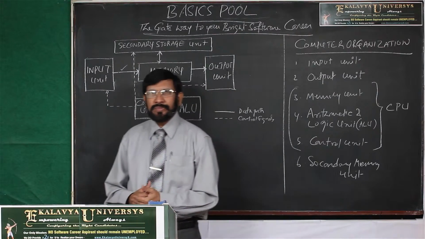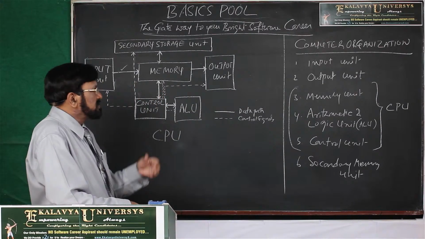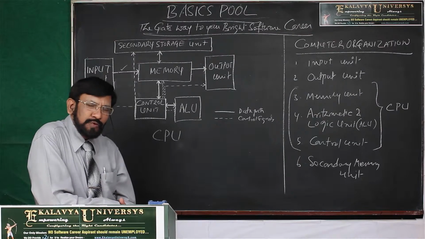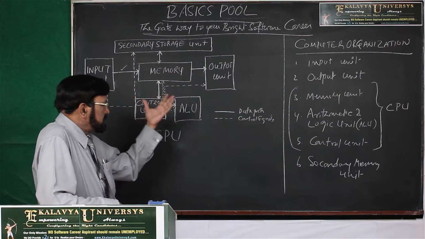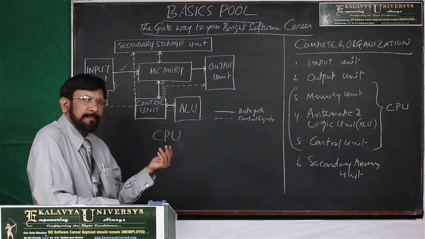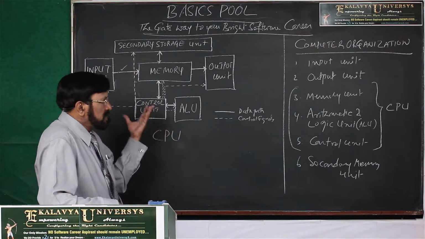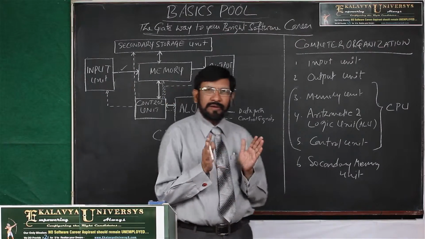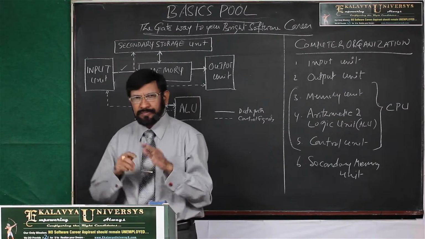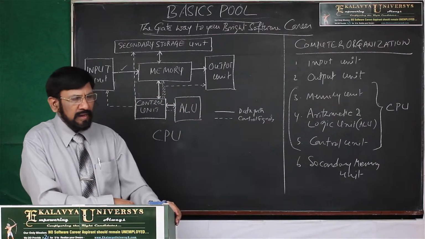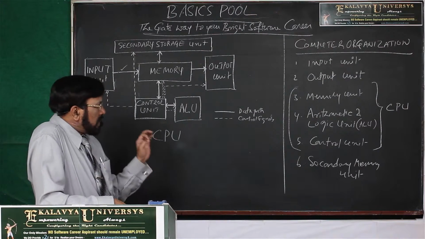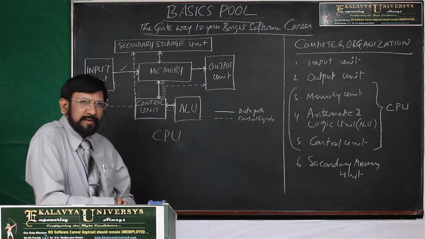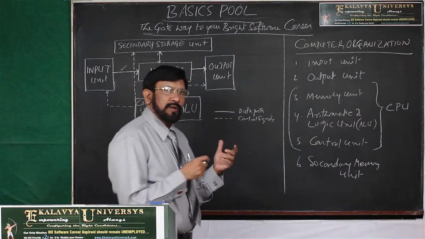By studying this organization, you can easily understand how data is processed and results are generated by a computer. All this is displayed through a block diagram. Computer organization can be displayed through a block diagram, and now I am going to draw and explain the block diagram.